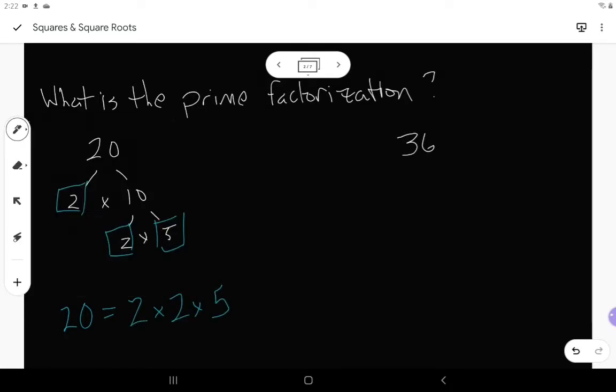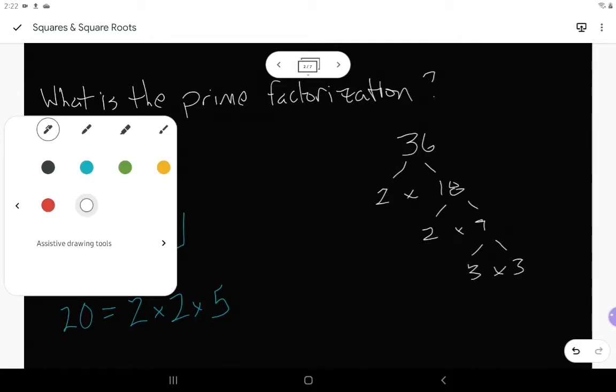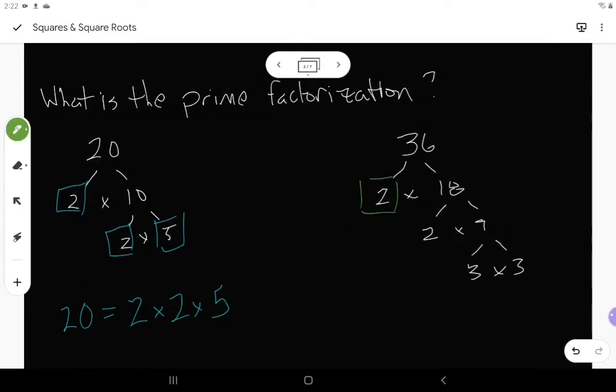With 36, I could split that into 2 and 18, and then 2 and 9, and then 9 splits into 3 times 3. And again, I put boxes around all of my prime numbers once I've got them. So the way I write 36 is equal to 2 times 2 times 3 times 3.